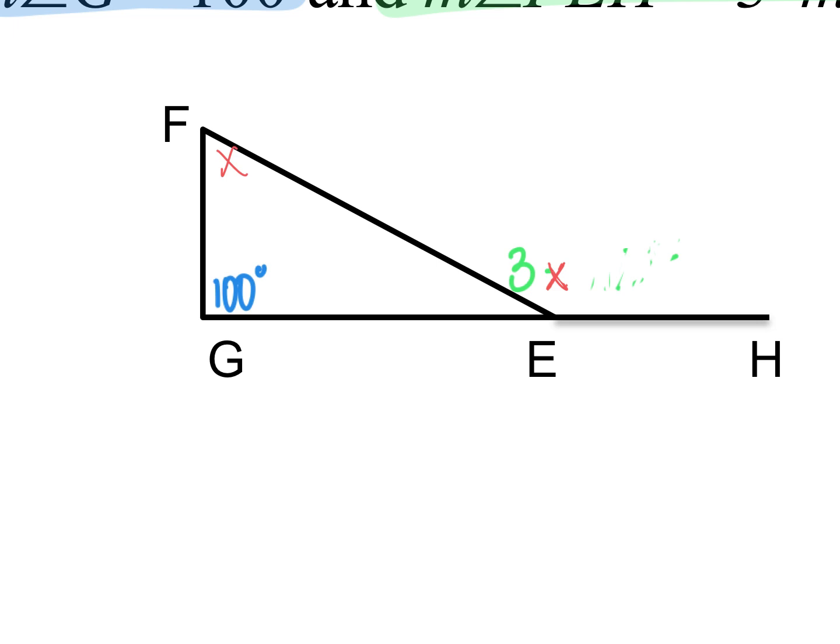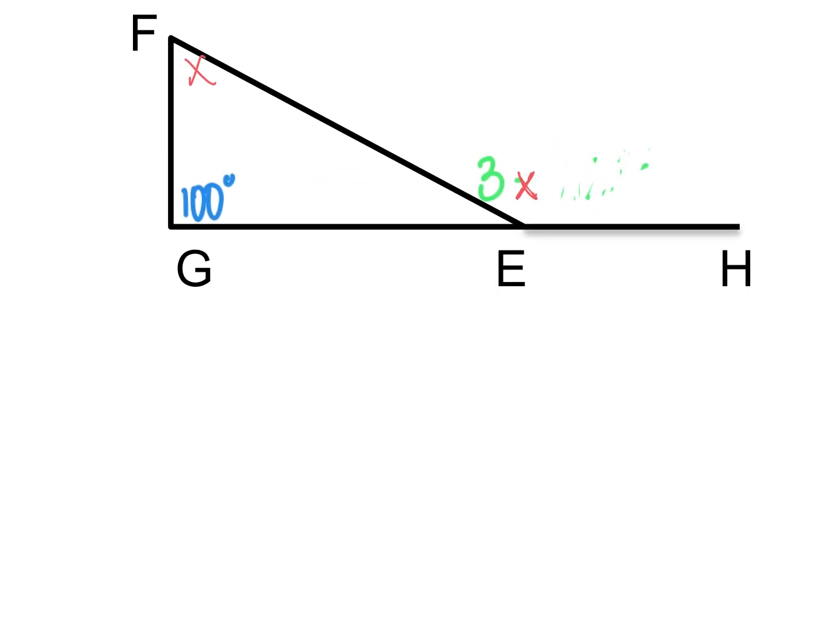All right, how would I set this up? 100 plus X, plus 3X? Wait, remember, I'm not trying to get 180. These two measures right here added together are going to equal this outside measure. So how would I set it up?